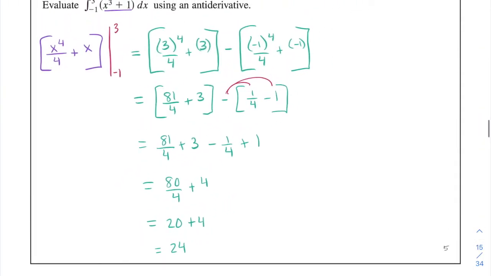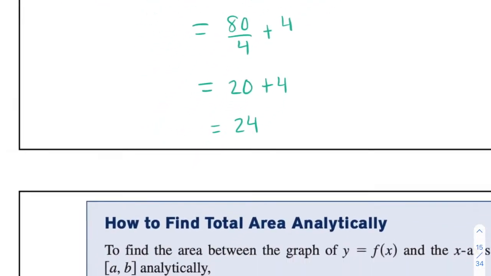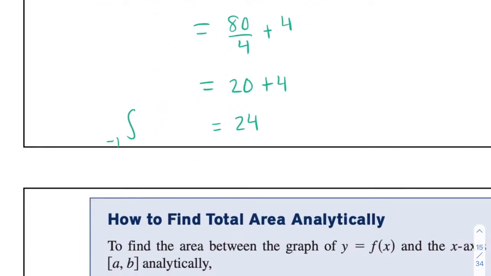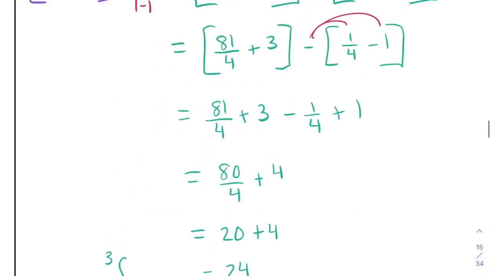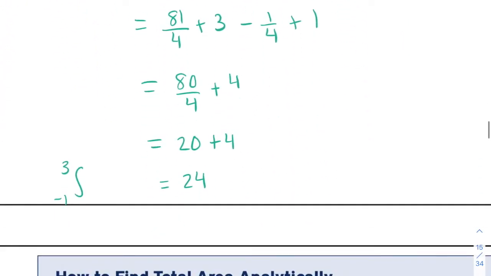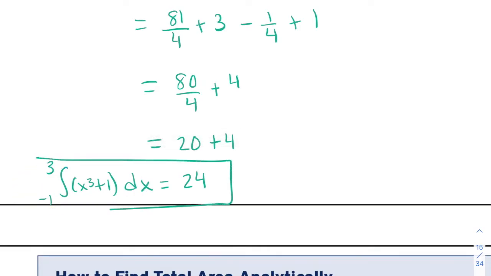So the answer is the integral from -1 to 3 of x cubed plus 1 dx equals 24.